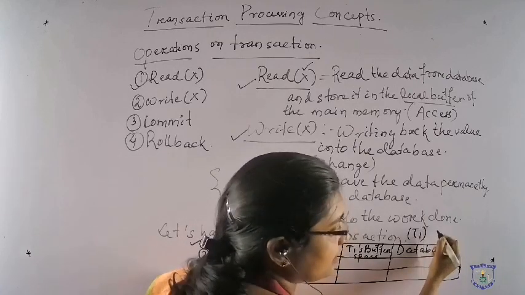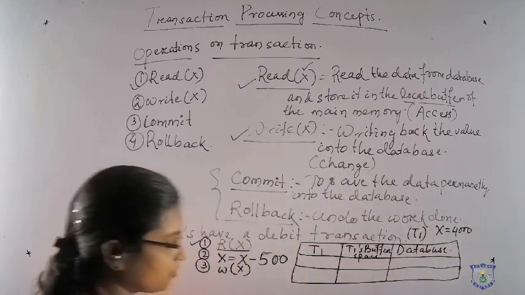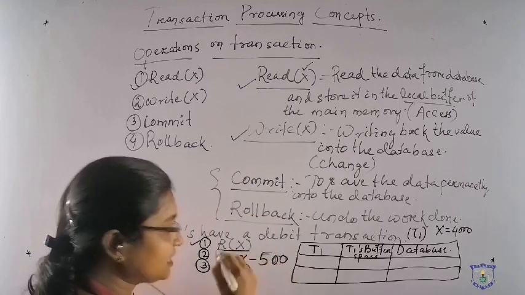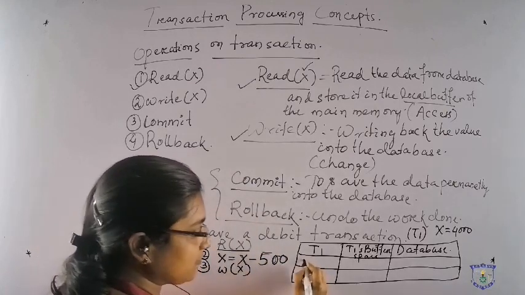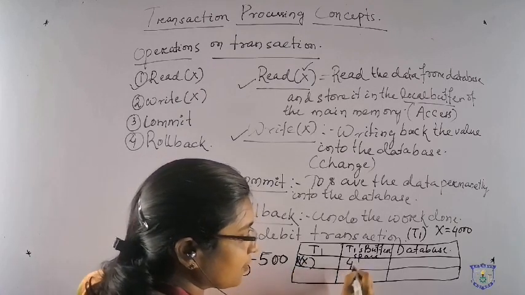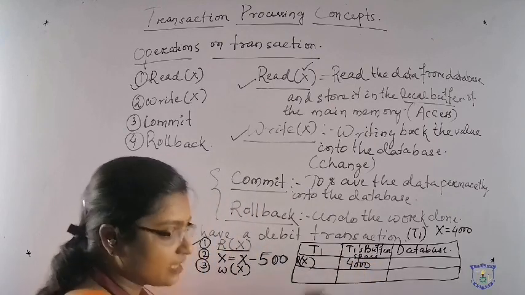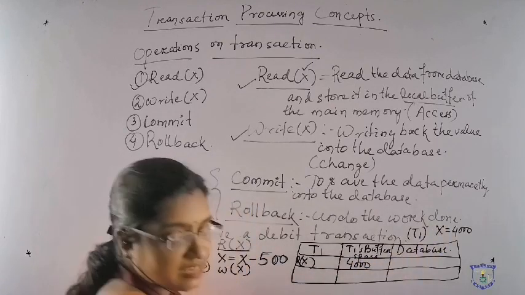Let's assume the value of X in the database is 4000. So, now when we are reading the value of X, the value of X will be 4000. Where did we get this value? This value got copied from the database.